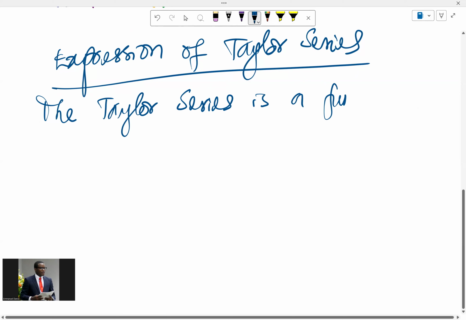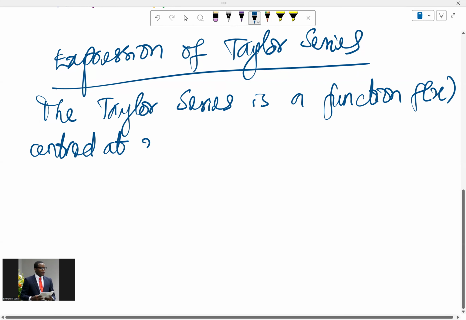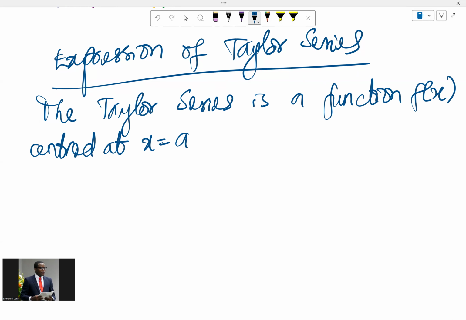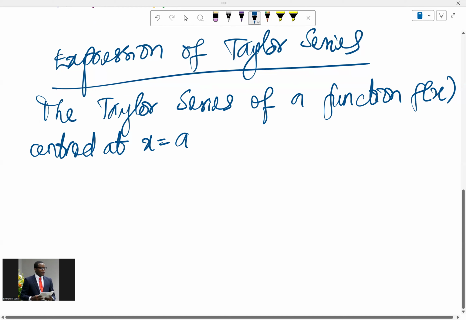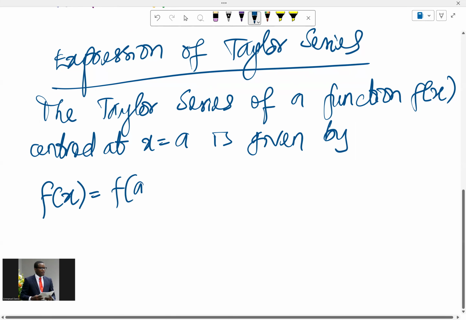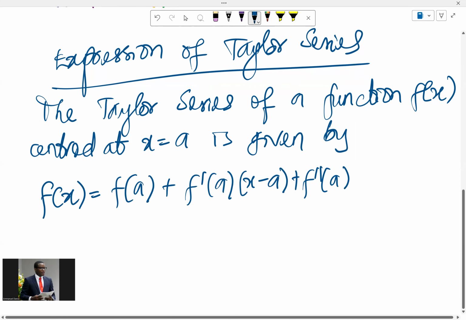The Taylor series of a function f of x centered at x equals A is given by f of x equals f of A. That means whatever the function is evaluated at the given A, plus f prime of A multiplied by x minus A, plus the second derivative of the function evaluated at A divided by 2 factorial multiplied by x minus A all squared.